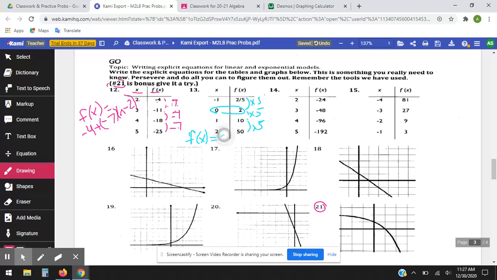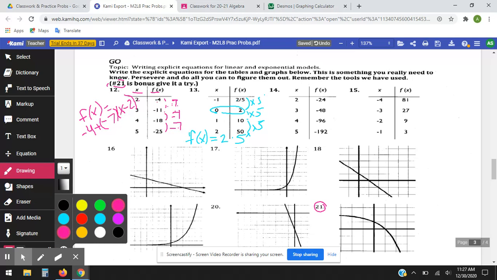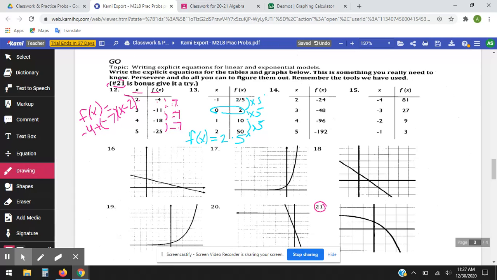Let's just use that. 2 times 5 to the x power. Oh, and you know what? I used an n over here when I should have used an x. Let's put an x over here so we can be consistent. So there, I've got that one figured out.